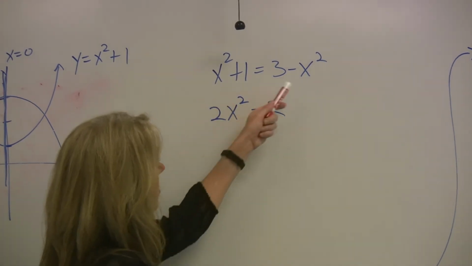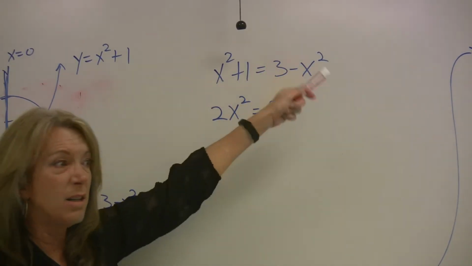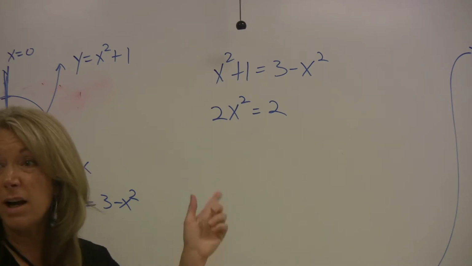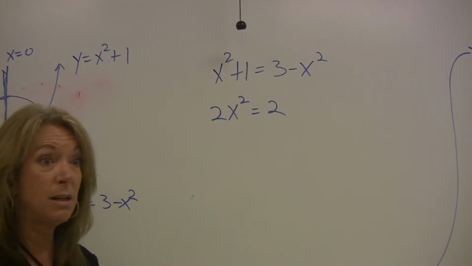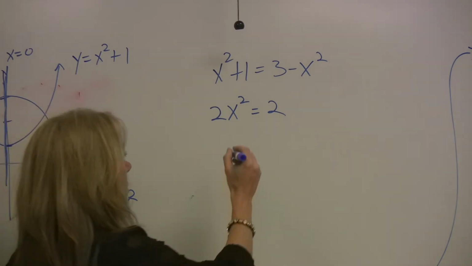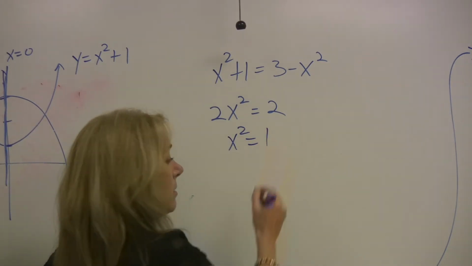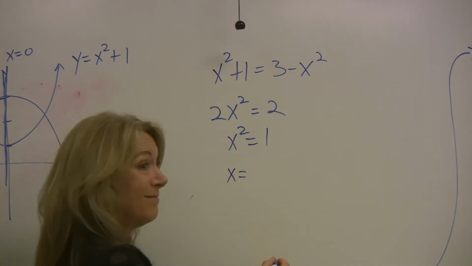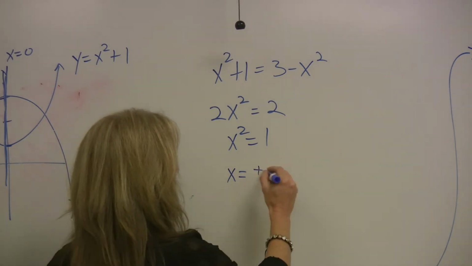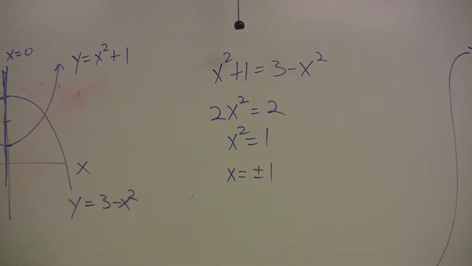I move my x squared terms over, my constant terms over. I quite often skip a few algebra steps, do them in my head. If you ever need me to back up, just tell me. x squared has to equal 1, so x equals 1 or negative 1. So that tells me that this right here is negative 1, and this right here is positive 1.